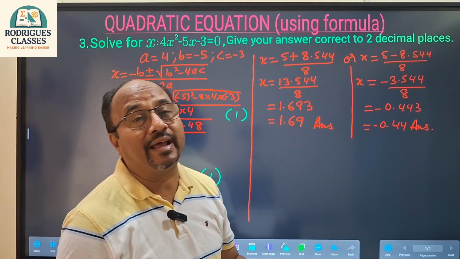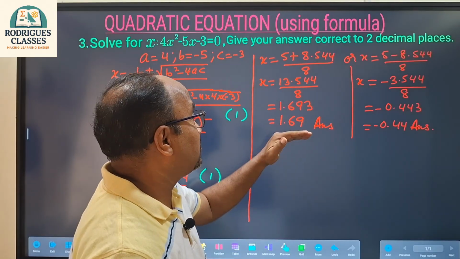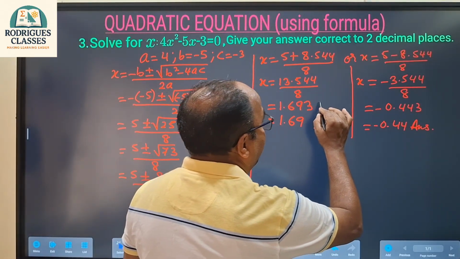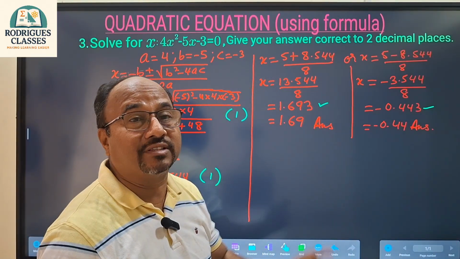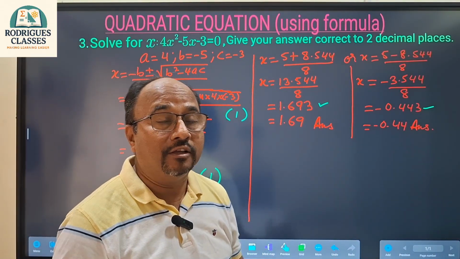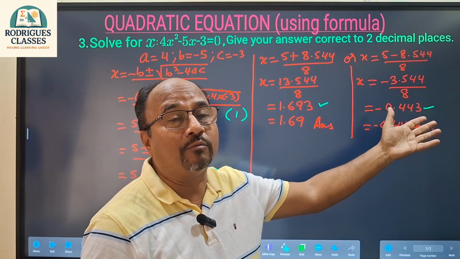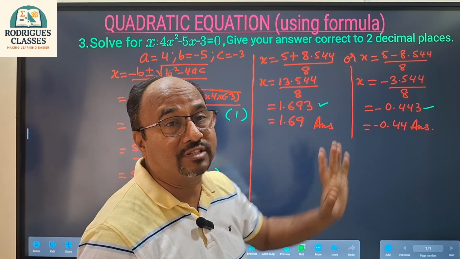But the problem arises with the last correct answer mark. The correct answer mark is not given for your last step only, but you need to have this one right, and this one right. So before rounding off, what is there is compulsory to be written. If you are doing some rough work in dividing, do not try to write from the rough work directly to this answer. You need to show this step.